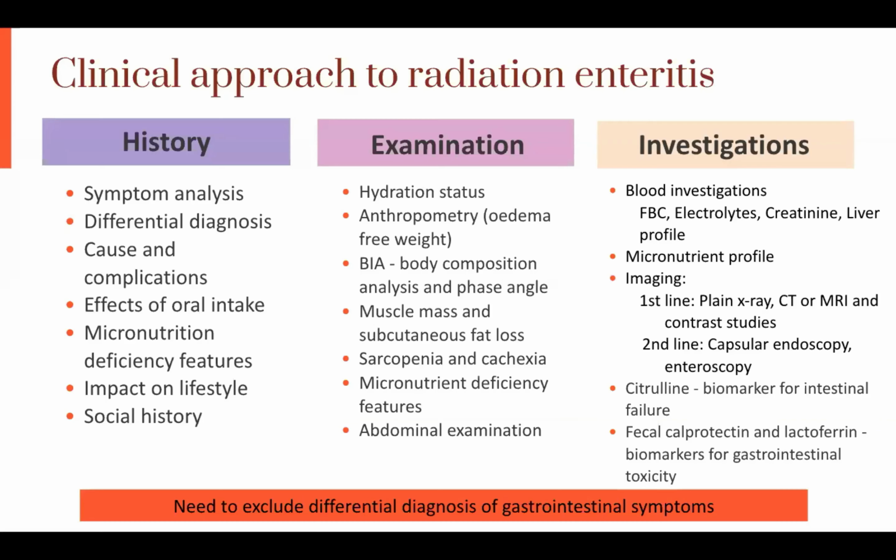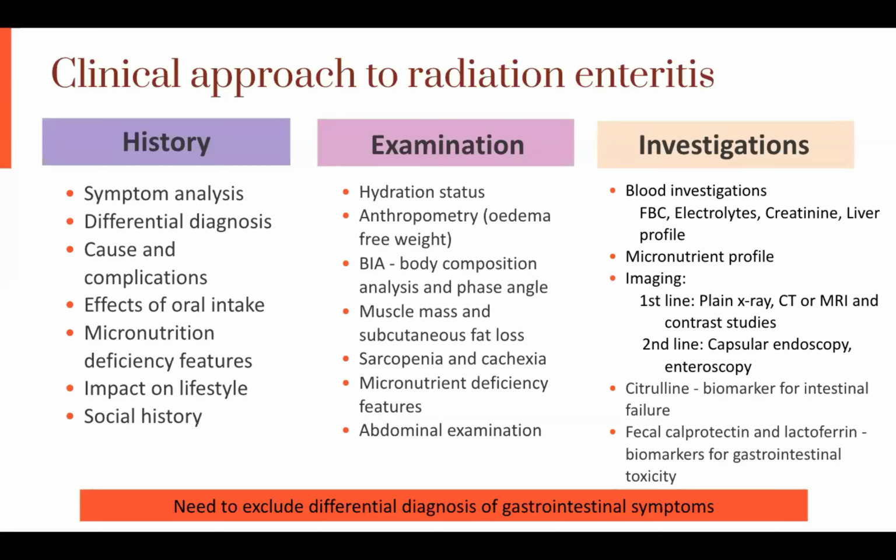If they come with nausea, bowel obstruction, or diarrhea, their hydration may be limited. And the anthropometry. Never forget edema-free weight. The previous speaker also emphasized it because we can be misguided. And that can't be the only nutritional parameter that you go by.